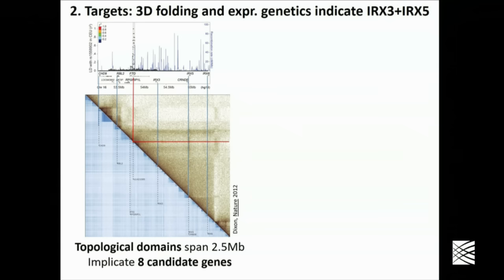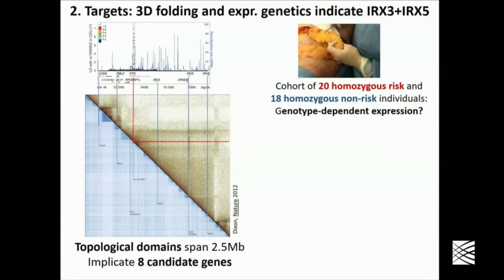To show that, we basically had to look at the relevant tissue in risk and non-risk individuals. So we went and gathered white fat, specifically pre-adipocytes in these white fat stores, from 20 homozygous risk individuals and 18 homozygous non-risk individuals. So having the risk haplotype or the non-risk haplotype.